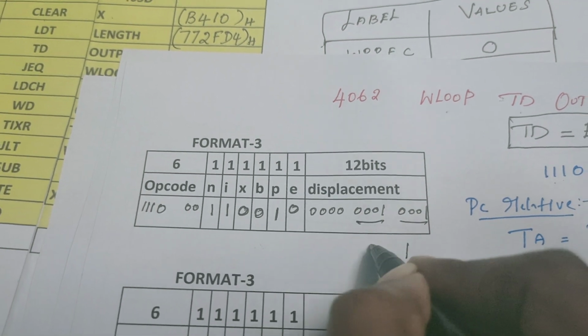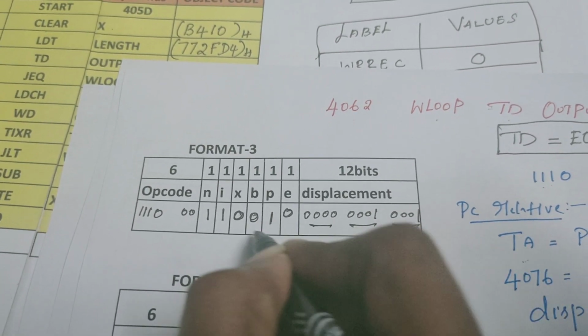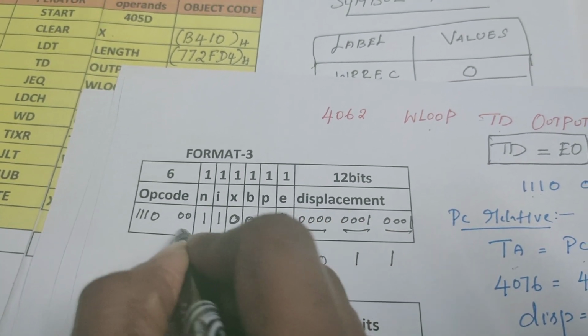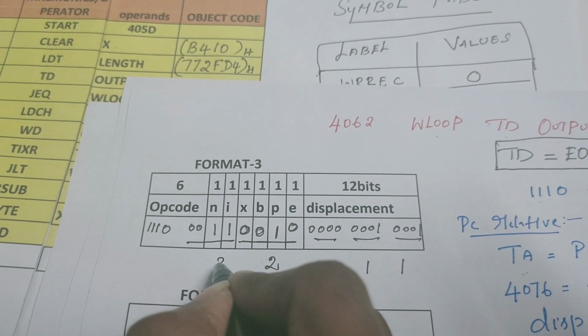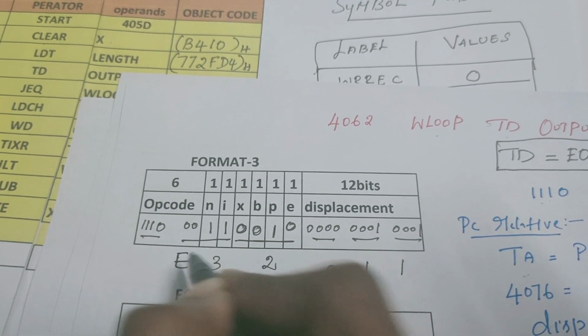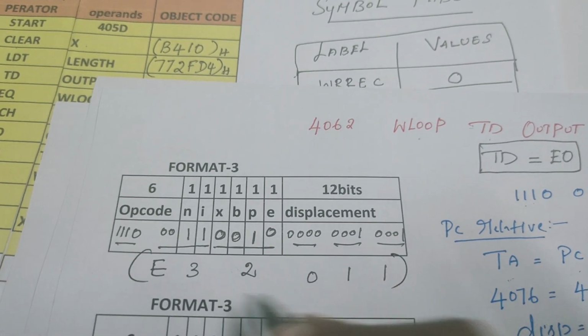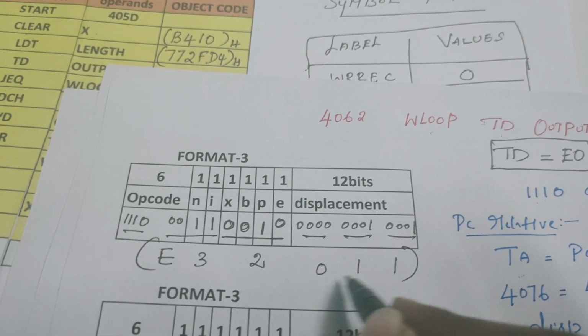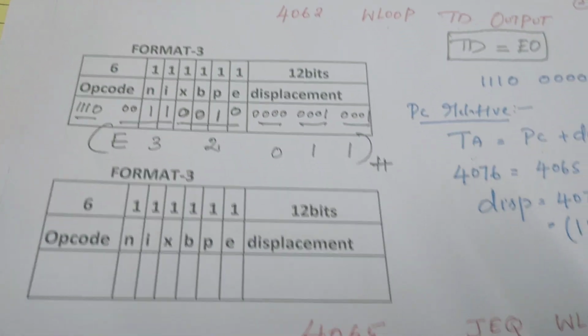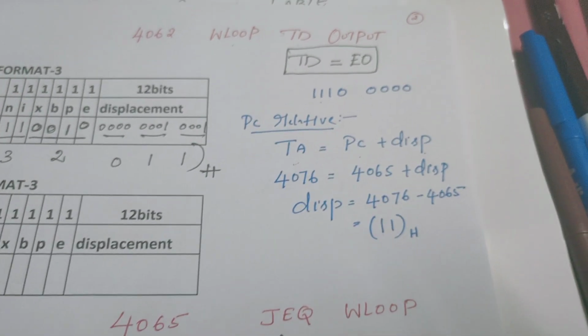For this 4 bits it is 1. It is 0010, which is 2. 0011 is 3. This is E. So E32011 is the object code. Right. Similarly, let us move on to the next instruction.